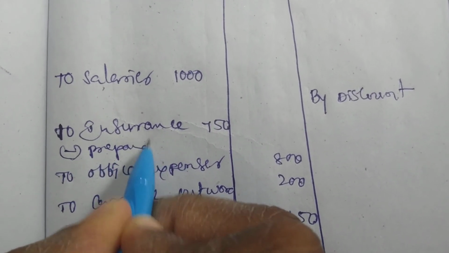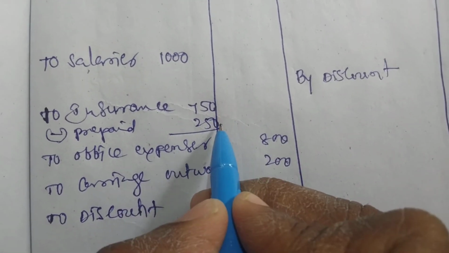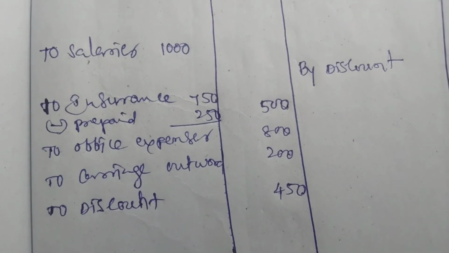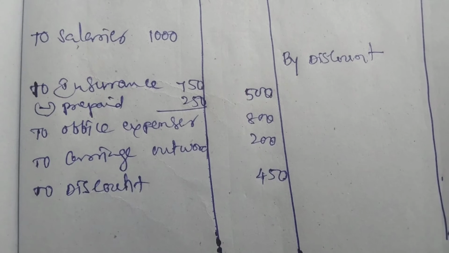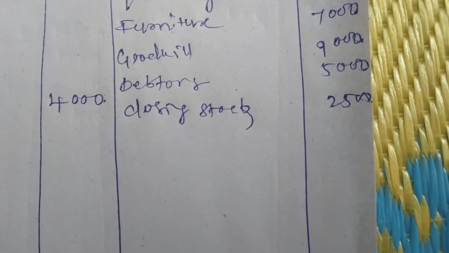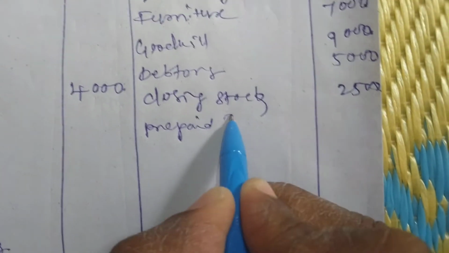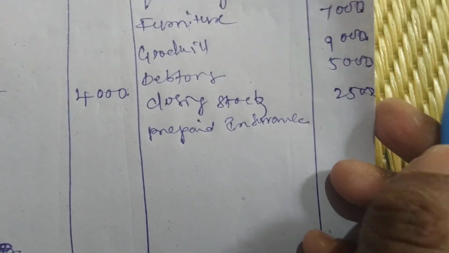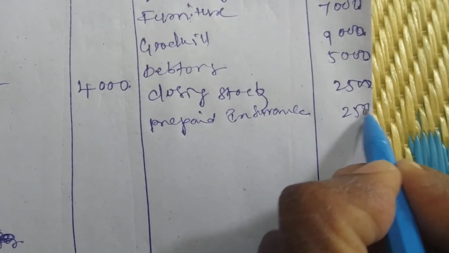So prepaid is 250, 750 minus 250, that is 500 rupees only. And next one is recorded in the asset side of the balance sheet. So right here, prepaid insurance, that is 250 only. Okay.